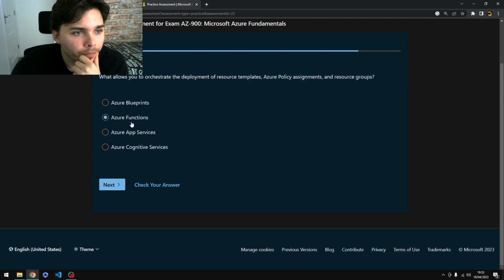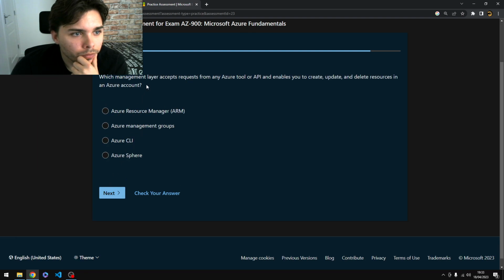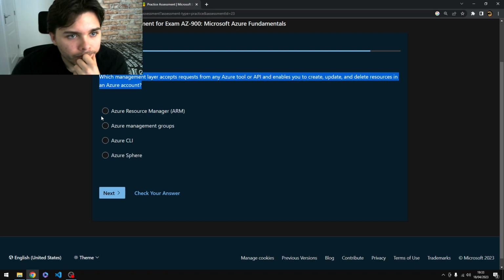What allows you to orchestrate the deployment of resource templates, Azure policy assignments, and resource groups? Which management layer accepts requests from any Azure tool or API and enables you to create, update, and delete resources in an Azure account?